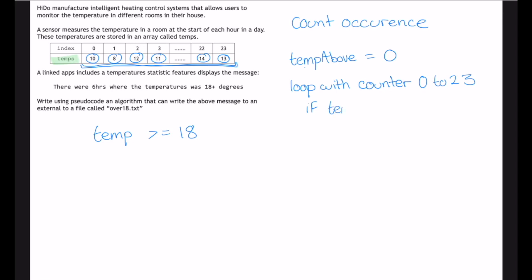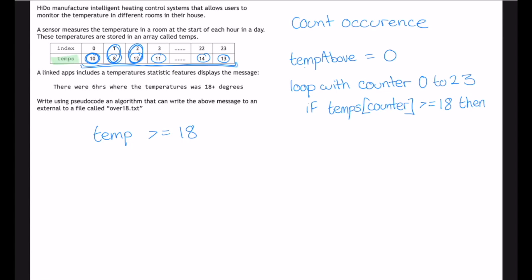So if the temps at the position of counter, because our counter starts at 0, so we start by looking at 10, and then it goes up to 1 and we look at 8, and then it goes up to 2 and we look at 12. So if the temps counter is greater than or equal to 18, then we do something.